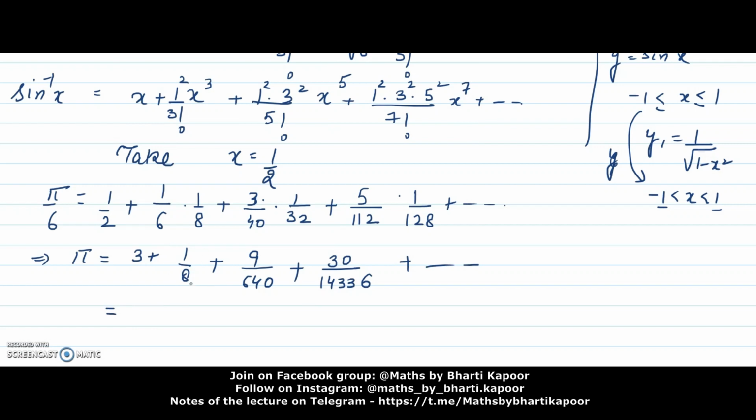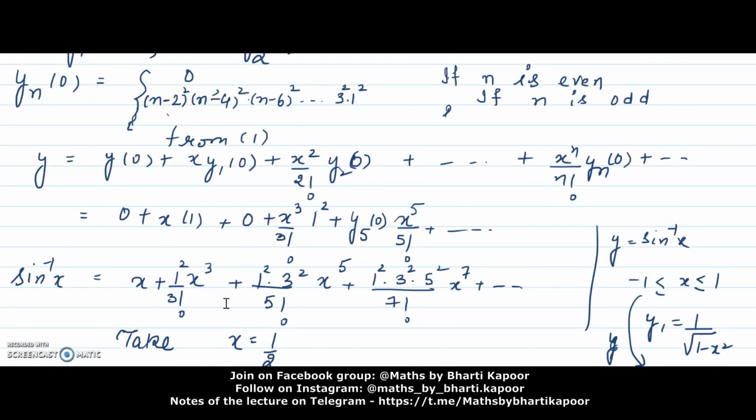So if you convert these terms into decimals and add, it will be 3.14. So this is the approximate value of pi. So we can find the approximate value of pi using Maclaurin's theorem, and we can expand sine inverse x in positive powers of x by using Maclaurin's theorem.